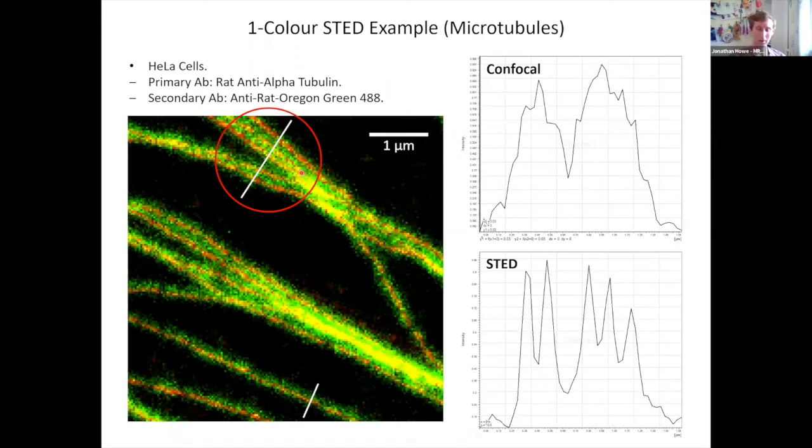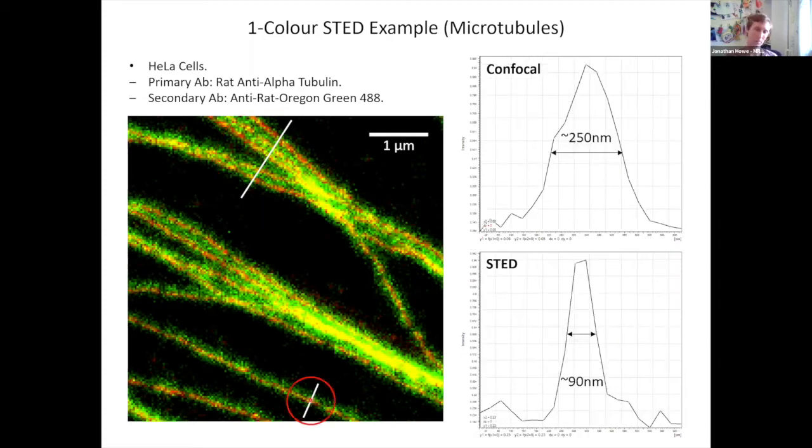And what we'd quite like to do is to estimate the resolution that we're achieving, and we can do that by taking a line profile of the microtubule and seeing how thin it is. So if we do that on this microtubule down here, then what you see in the confocal image, the full width half max is 250 nanometers. This is essentially showing you what the width of the PSF is.